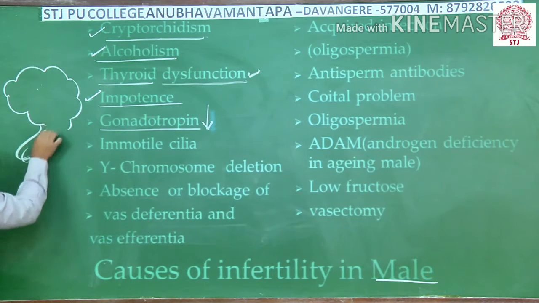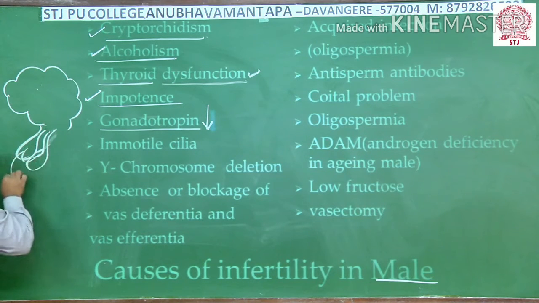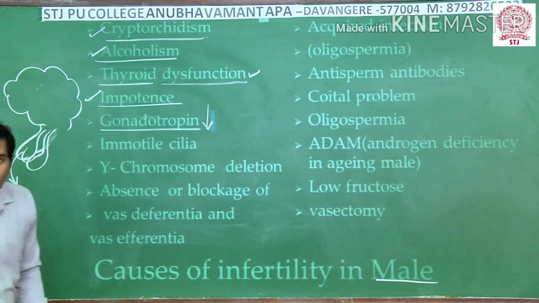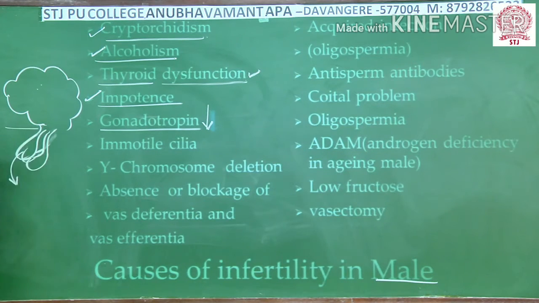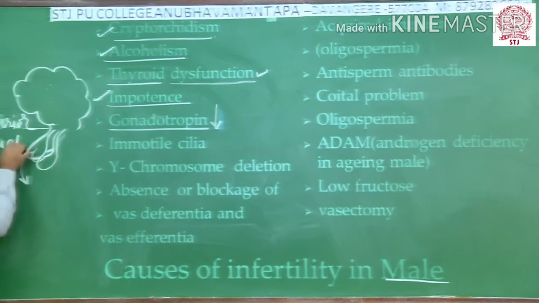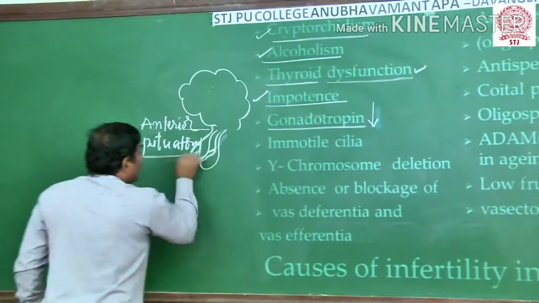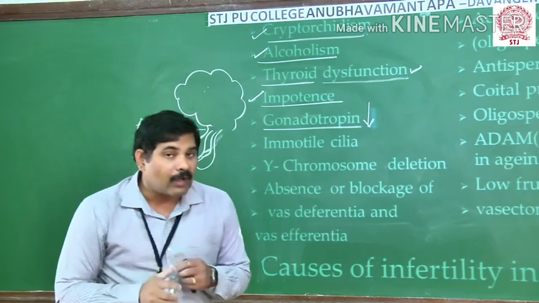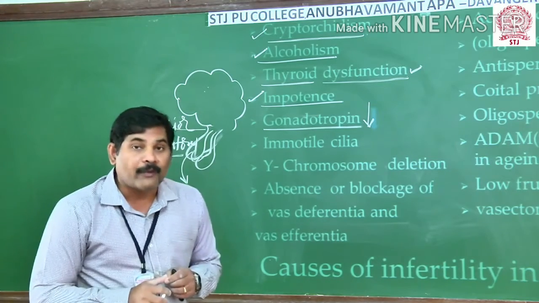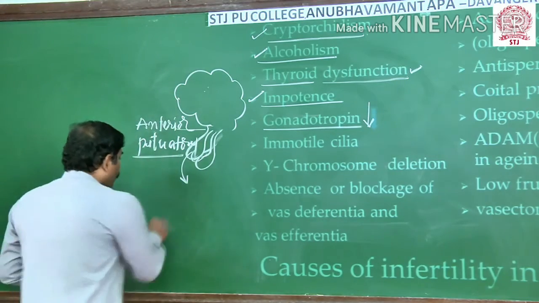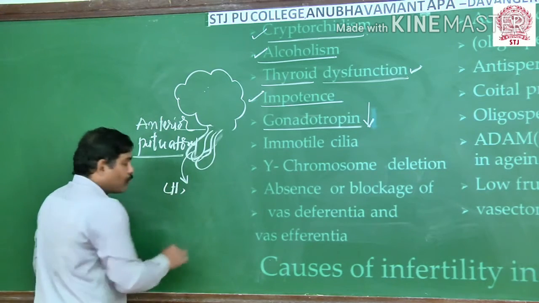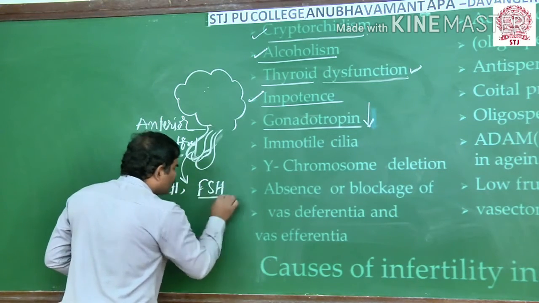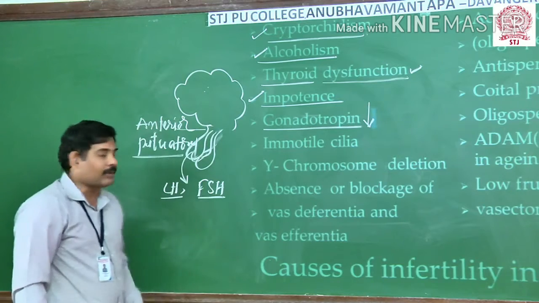The anterior pituitary gland releases two important hormones known as gonadotropin hormones: one is LH, the luteinizing hormone, and the second is follicle stimulating hormone, FSH.